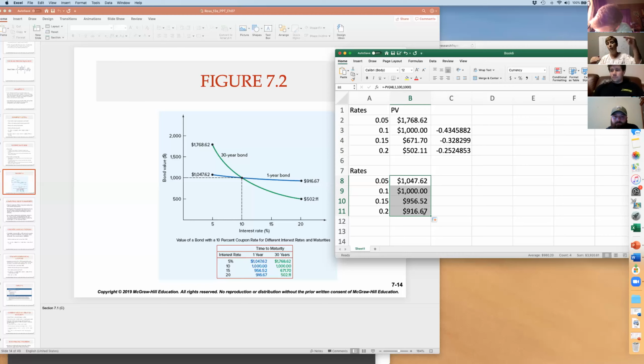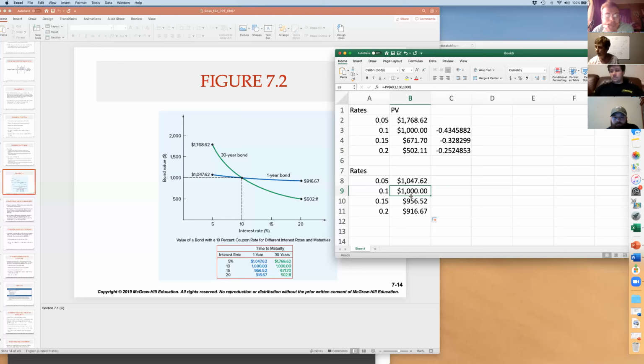So when interest rates go down in the denominator, prices will rise, and it's going to rise above par. You can see at 10%, both of these bonds have the same price, and it's at par. It's right where they cross in that graph. You can also see that as interest rates rise on this 1-year security, the prices fall.